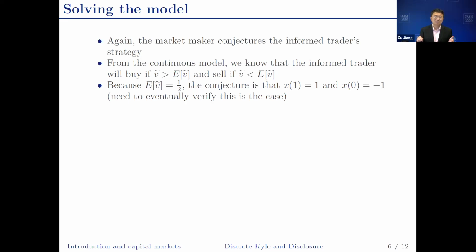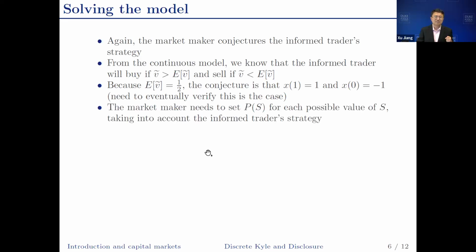Of course, this conjecture has to be consistent with the actual choice, so you need to eventually verify this is the case. We're going to skip this in this lesson and leave that for you as an exercise. The market maker, again, needs to set the price as a function of order flow for each possible realization of order flow, taking into account the informed trader's trading strategy.